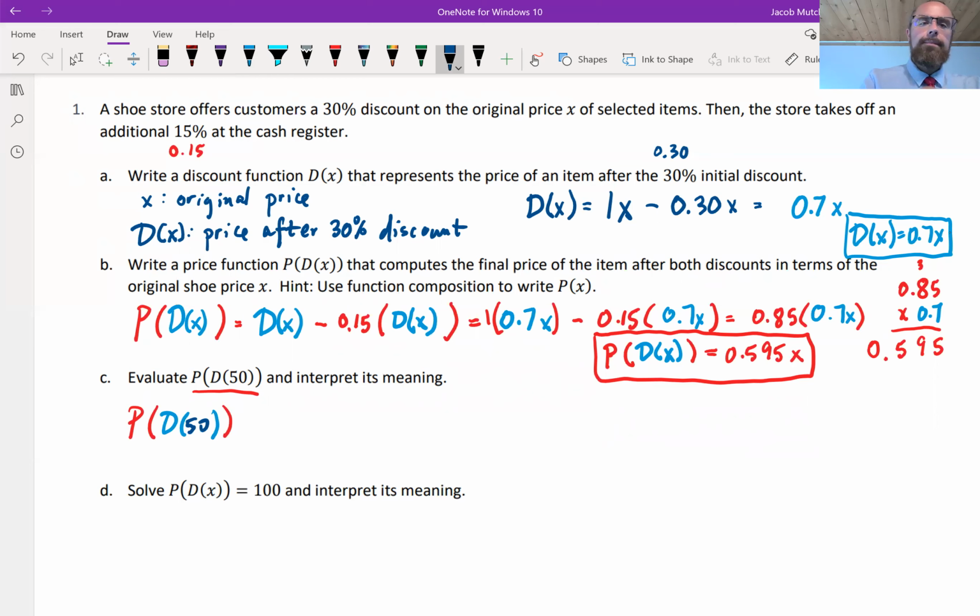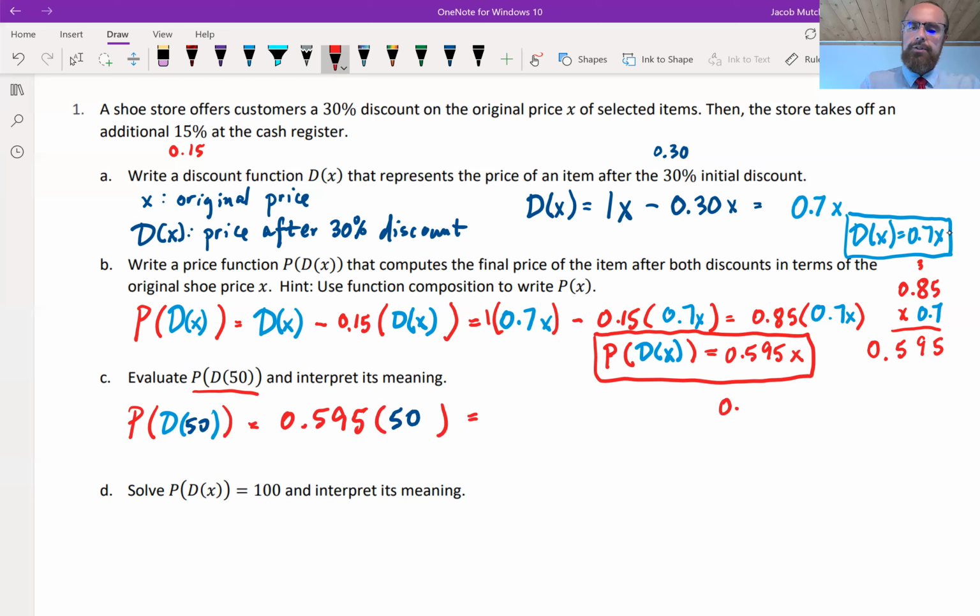And I'm going to pick up the equation we just wrote. So that's 0.595. And I'm substituting in the price of $50. And what I want to do then is multiply that out, see what that is, and then I need to interpret what it means in terms of this situation.